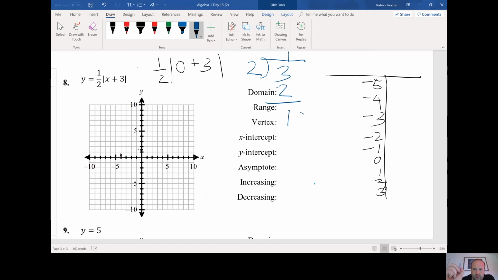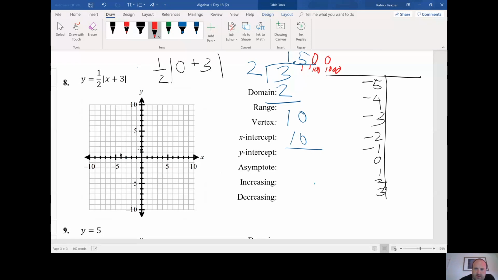Carry down the 0. 10. 2 goes into 10 five times, and 2 times 5 is 10. In decimal places, this is the tenths place, and the next digit is the hundredths place, and then the thousandths place.